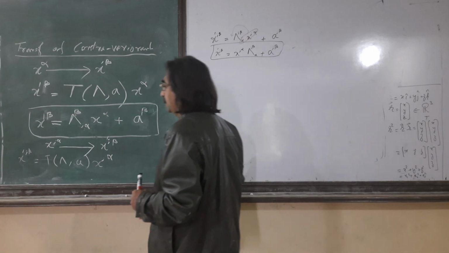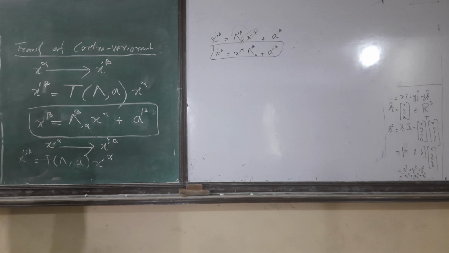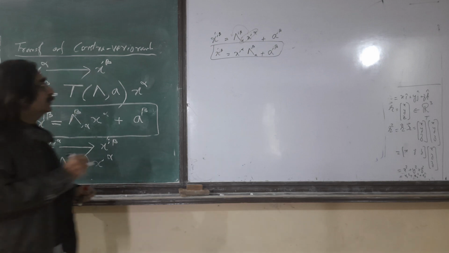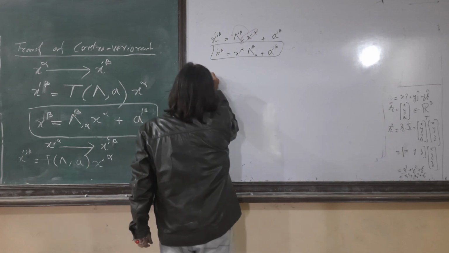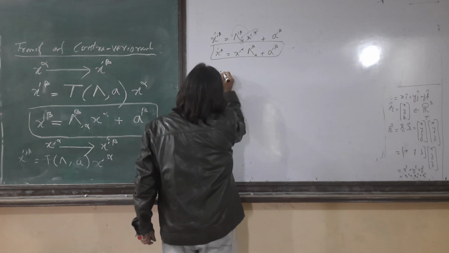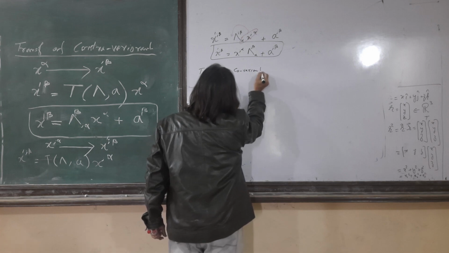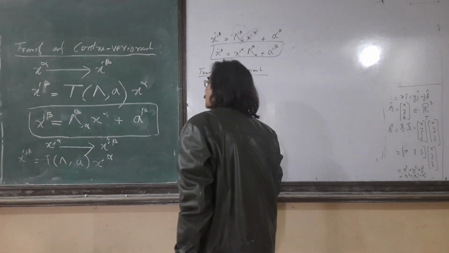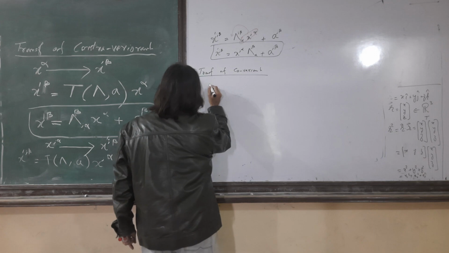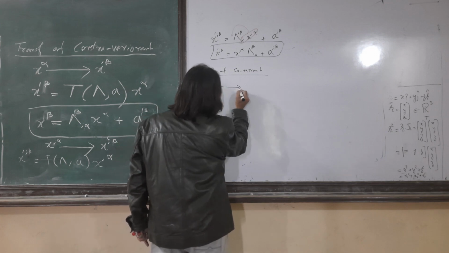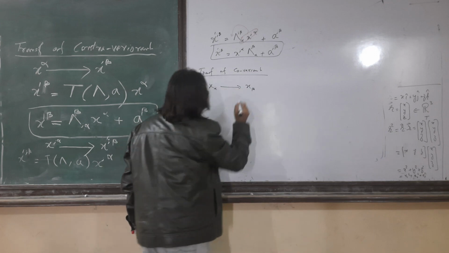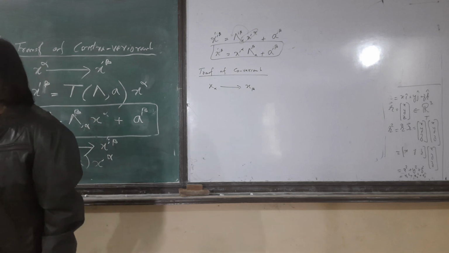Now how will the covariant be transformed? This was the transformation of contravariant. Transformation of covariant will be x alpha to x beta and L. Okay.